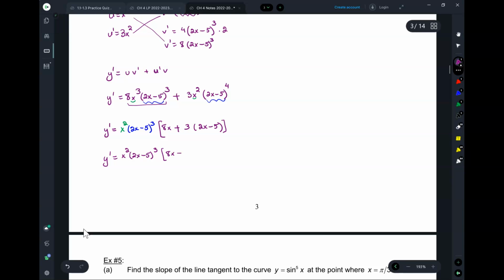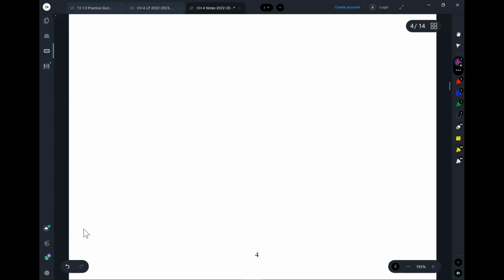Let's simplify this. 8x plus 6x minus 15. X squared, 2x minus 5 cubed, 14x minus 15. And that finally is the answer. Okay.